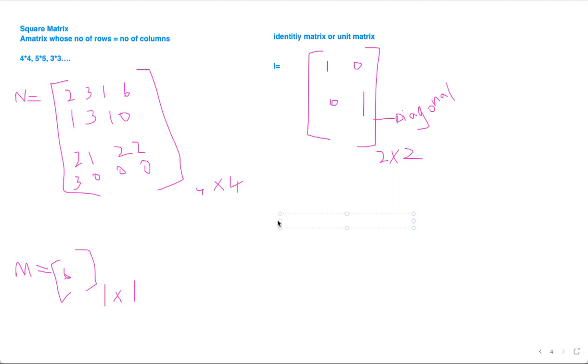Okay. Now, I is equal to, I'll give you a 3 by 3 matrix: 1, 0, 0; 0, 1, 0; 0, 0, 1.